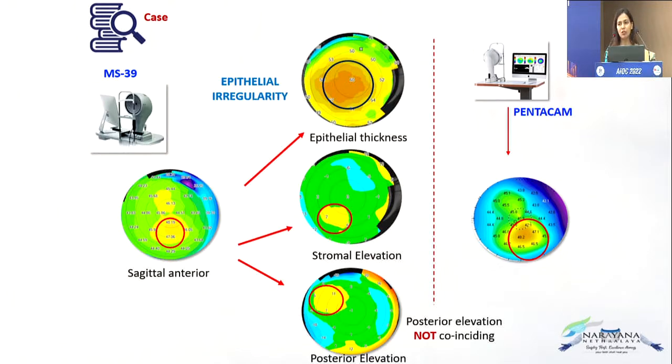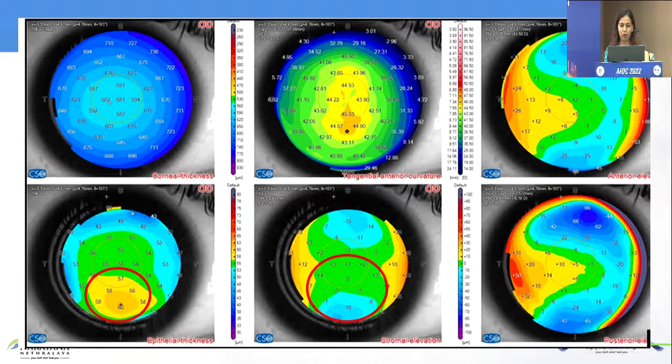Just to reiterate, this is a different case where we again see that inferior superior asymmetry, that inferior steepening, but when we look at it subdivided further, we can understand that the epithelial irregularity is causing that slight change in the curvature and giving us a false image.